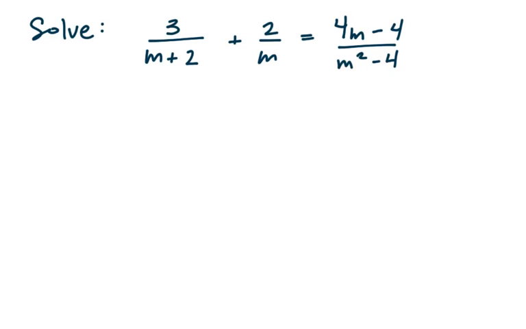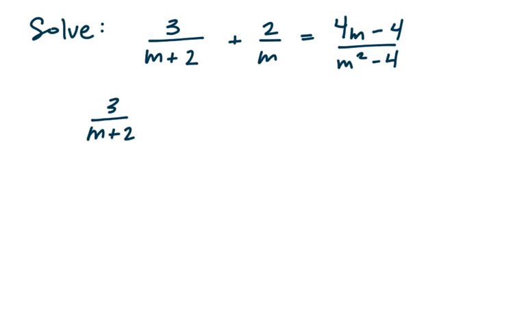All right, and here we have another rational equation to solve. 3 divided by m plus 2 plus 2 divided by m equals 4m minus 4 divided by m squared minus 4. And so just as we did on the last problem, we're going to make sure that we factor our denominators before we try to find our LCD.